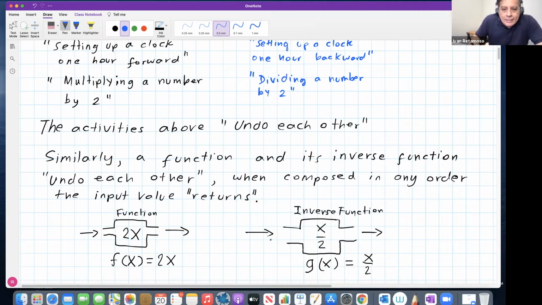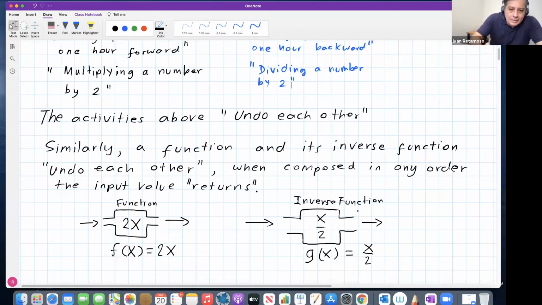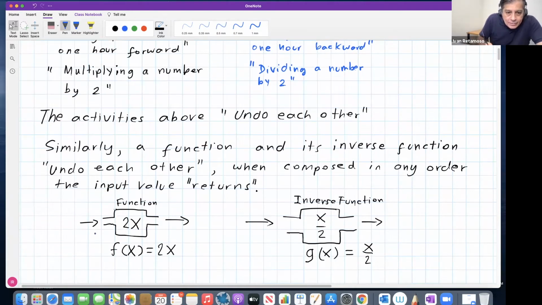And let's consider the other function, dividing a number by 2, as g of x equals x over 2. And here x over 2, when you consider it as a machine, right?